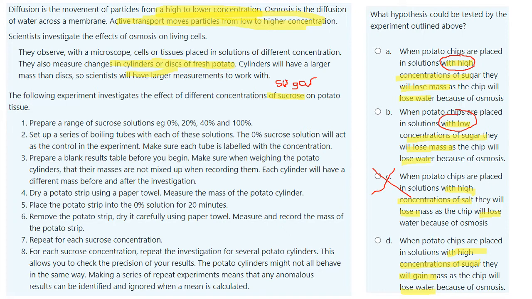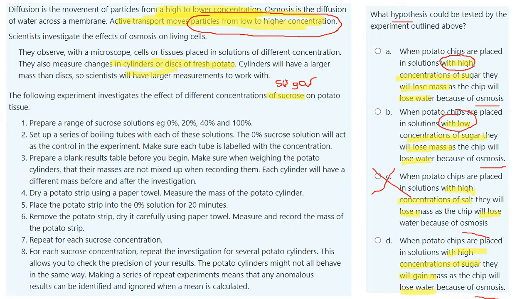Now, what hypothesis are we testing? Well, we're testing about osmosis. We can see osmosis is in each of these answers. What happens in osmosis? Particles move from low to high concentration. So where will the low concentration be? Where will the high concentration be? So don't get confused.